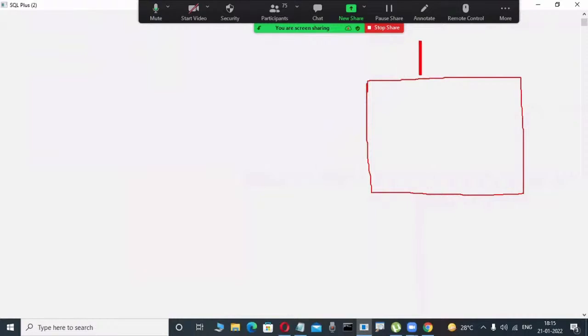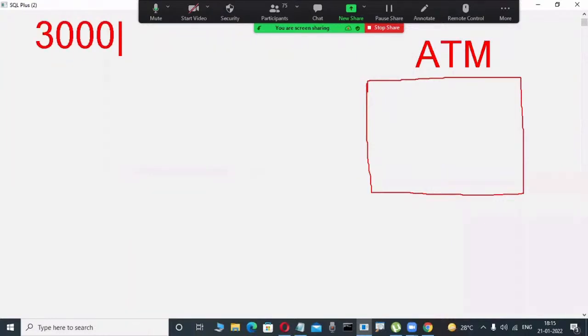Now check this scenario. This is an ATM machine, for example. What is my balance in my account? 3000 is the balance. Today I decided to withdraw some amount.